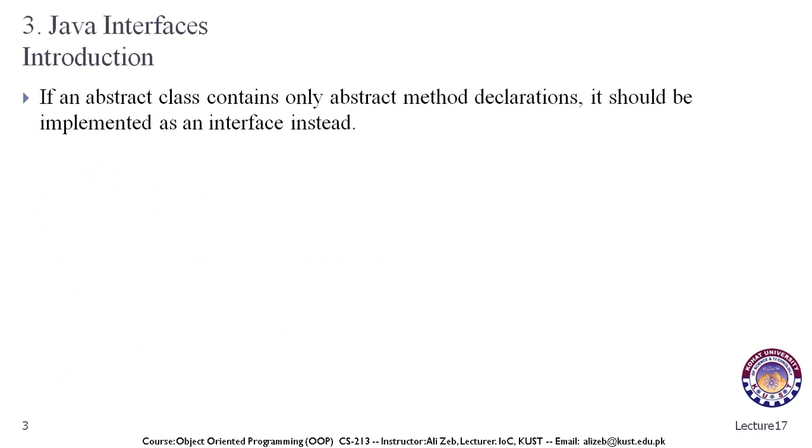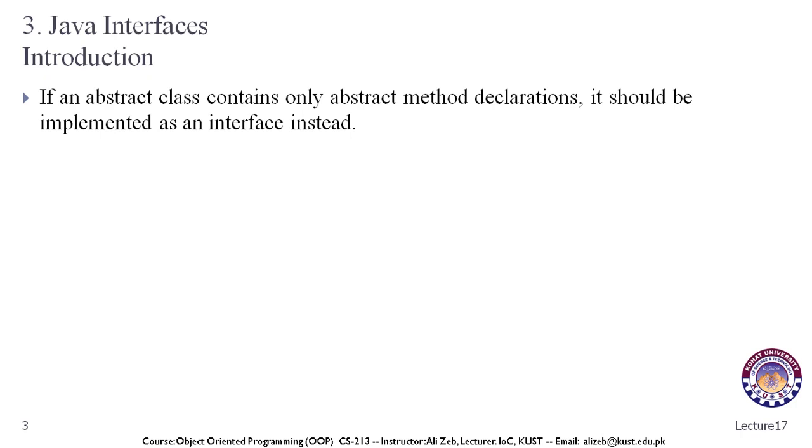Java interfaces are used in situations, for example, if an abstract class contains only abstract method declarations, it can be declared or implemented as an interface. So for example, we have an abstract class that has no methods which need to be implemented in that class.